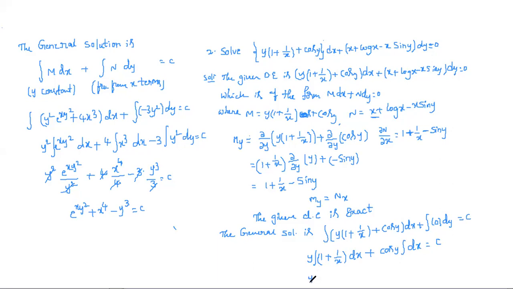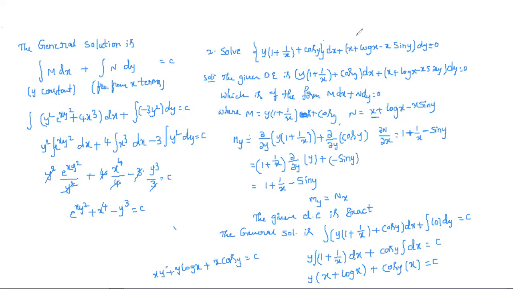So y into, integral dx is x, plus integral 1 by x is log x, plus cos y, and integral dx is x. This is equal to c. Finally, the solution is xy plus y log x plus x cos y is equal to c. So this is the general solution of the given differential equation.